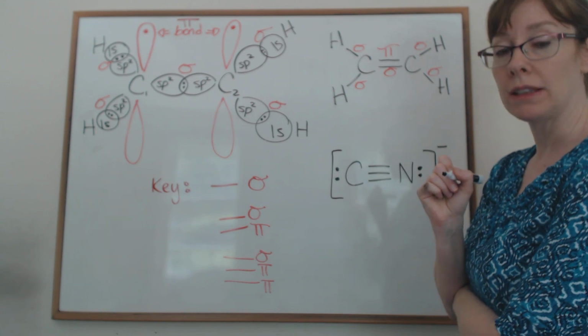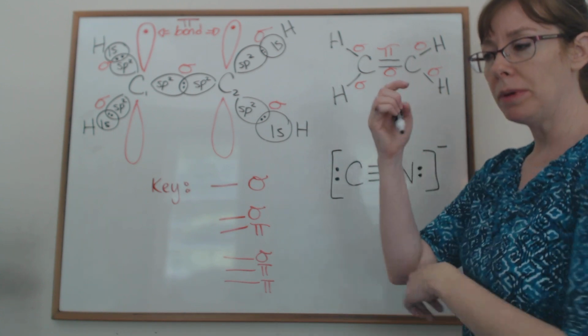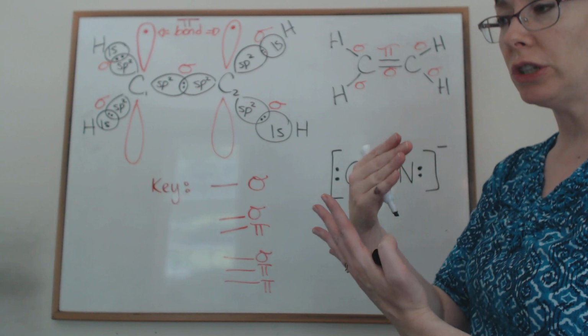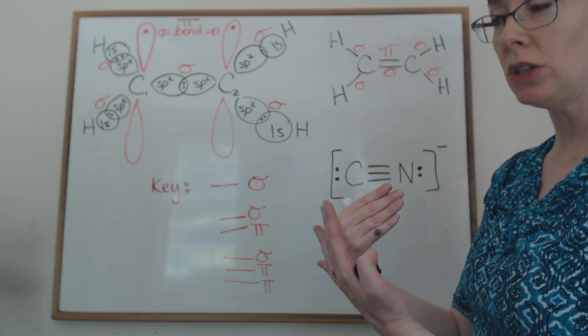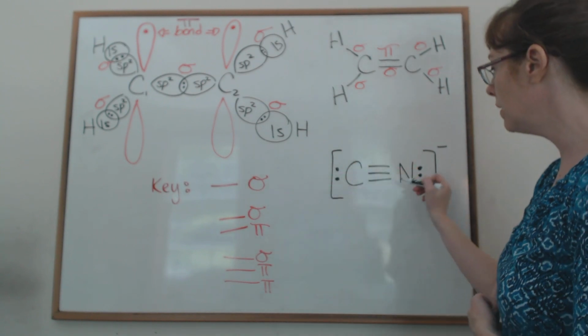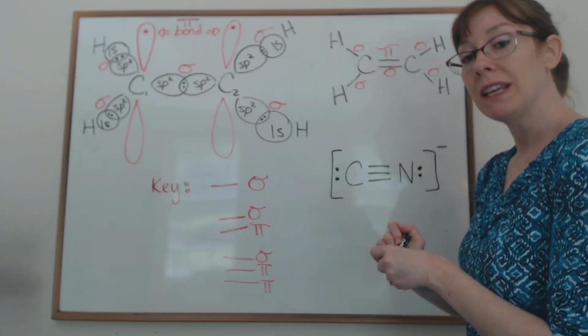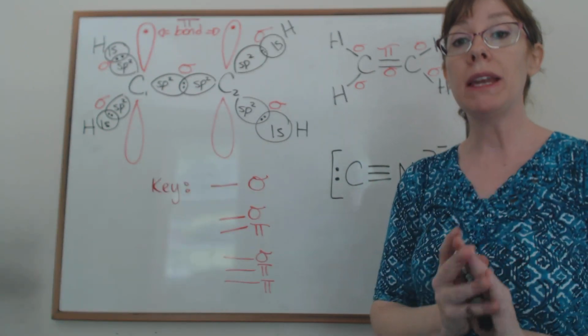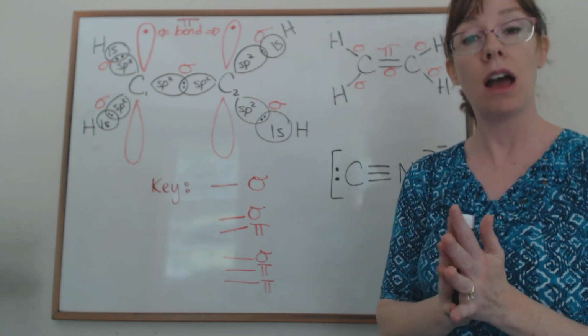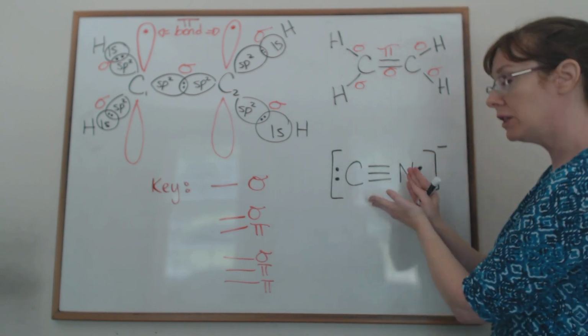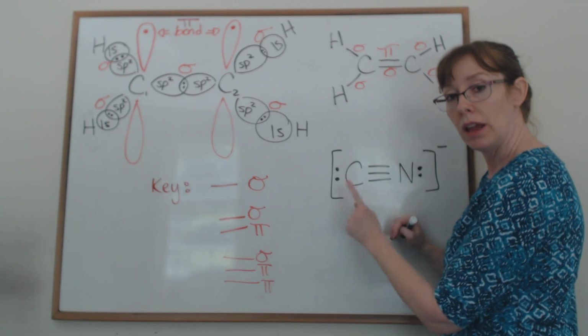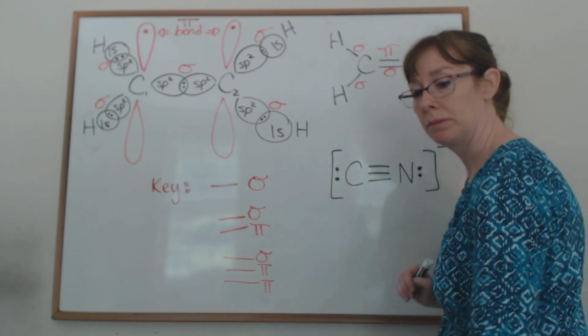I'm just trying to think of something that has a triple bond. Carbon would have 4 valence electrons. Nitrogen would have 5. 1 extra gets you 10 total, 5 pairs. 1, 2, 3, 4, 5. Every atom has an octet. If I was to give you this Lewis structure and I said, how many sigma bonds does it have? How many pi bonds does it have? You literally can apply this key. It has 1 sigma and 2 pi's.